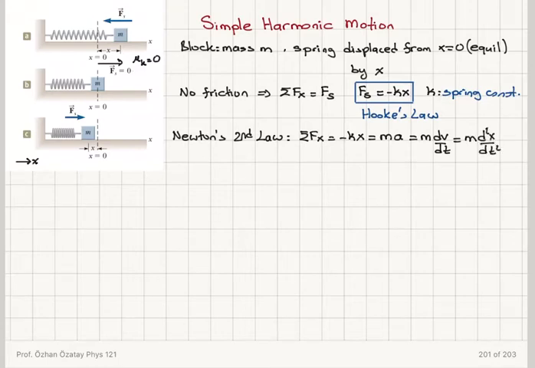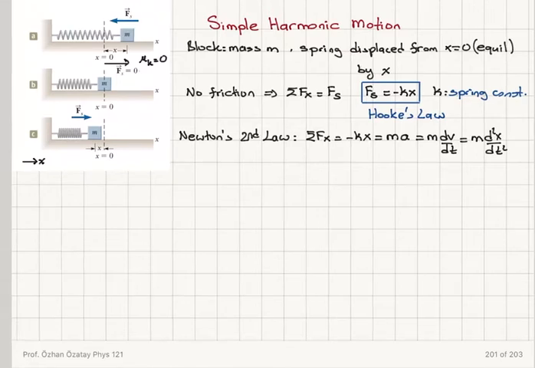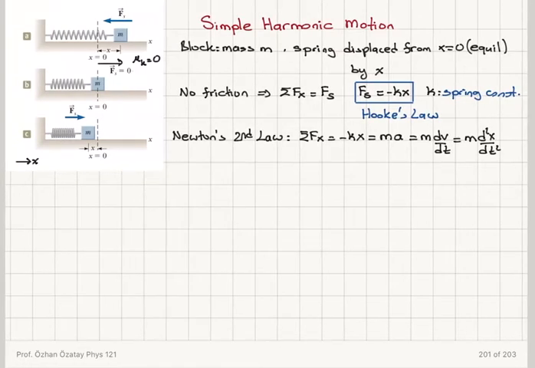And acceleration by definition is dv/dt, and that is the second derivative of position with respect to time. So remember, we replace d/dt with a dot here, so we can say that the net force, minus kx, is equal to m x double dot.